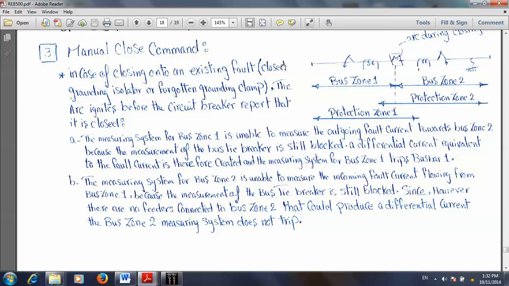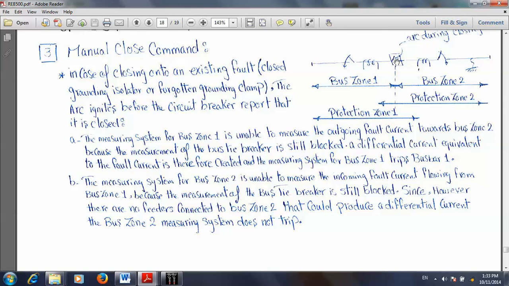Okay, and there is a fault here. This fault may be a closed grounding isolator or a forgotten grounding clamp. Hence, when I give a close command to the bus section, what will happen?